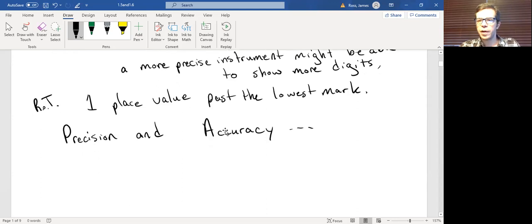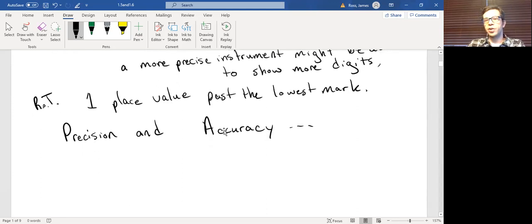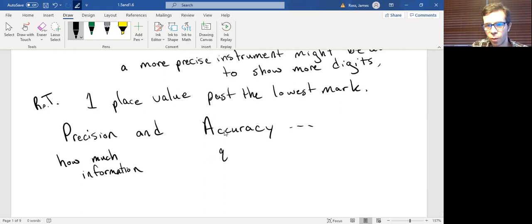So we just talked about precision. That's how many digits you can determine a value to. Accuracy is how correct it is. So let's call this how much information, and this is the quality of that information.